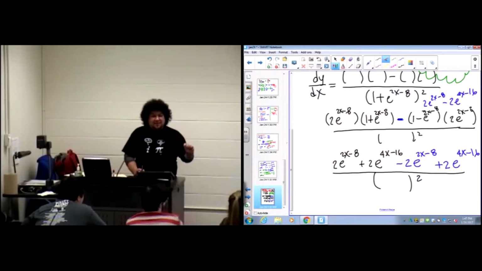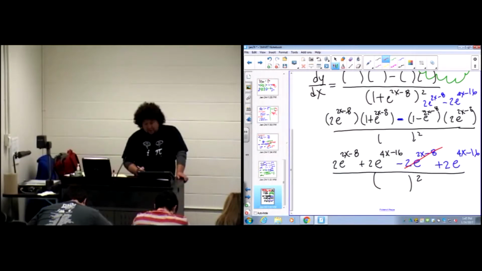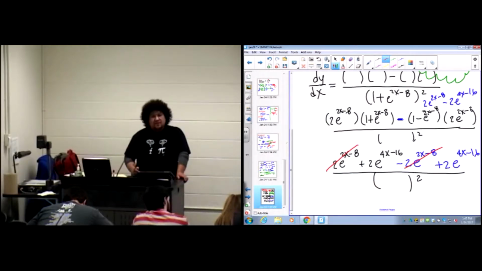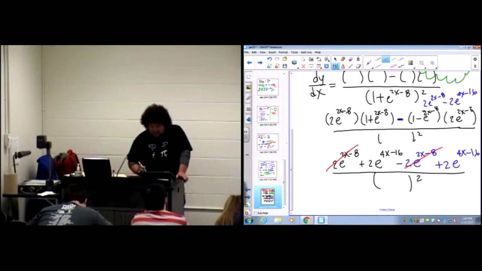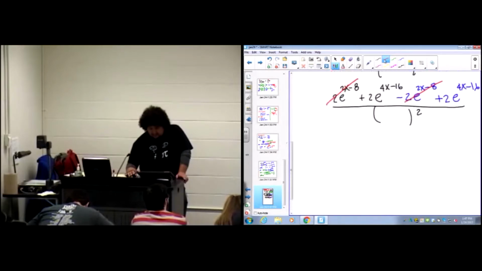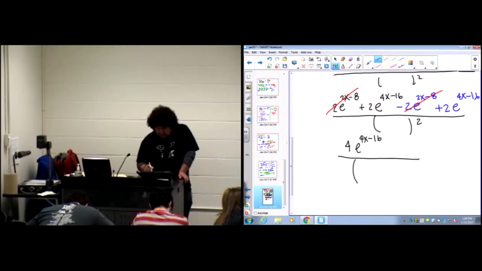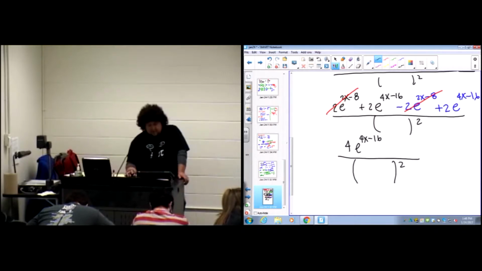And that will make things a little more bearable. So now the numerator becomes 4 e to the 4x minus 16, and then the denominator stays there as a square: 1 plus e to the 2x minus 8. All these steps were to compute the derivative of y with respect to x.